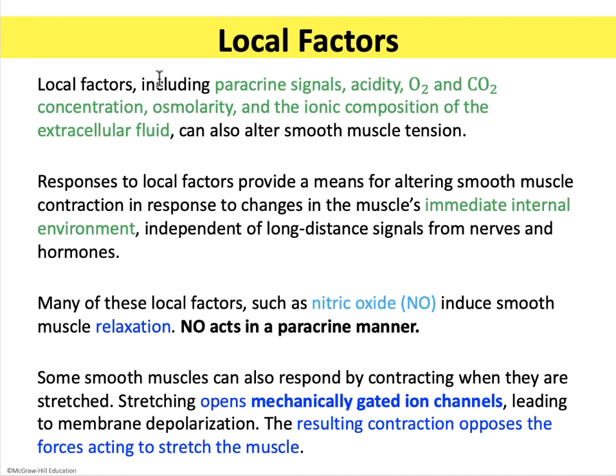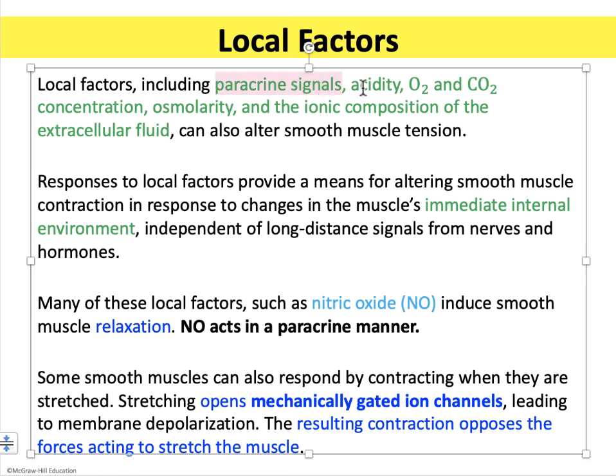These local factors, which we mentioned earlier, can include signals from neighboring cells, the pH, the levels of oxygen and carbon dioxide, the osmolarity, and the ionic composition of the extracellular fluid, which can all, in a combined soup of information, affect smooth muscle tension. Local production of nitric oxide is also very important in inducing the relaxation of smooth muscles. Nitric oxide acts in a paracrine fashion. It's one of these paracrine signals.